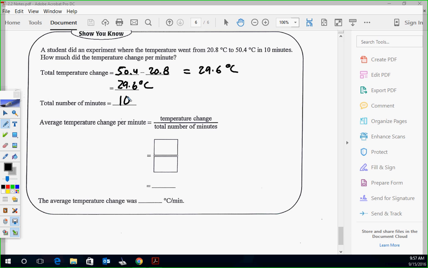And so we're simply going to go 29.6 divided by 10, which is going to be 2.96 per minute. We just average it out over time. Yeah. Simply just move it over. Yep. Good. All right. So that's it for that one.